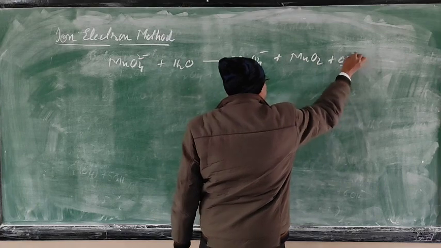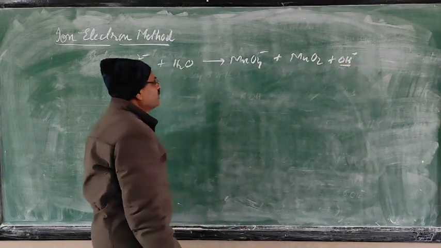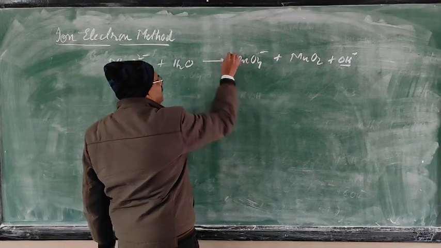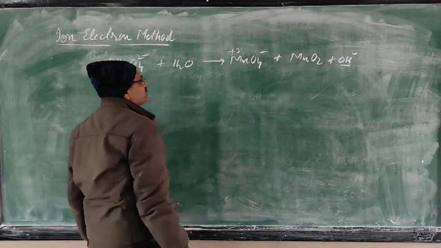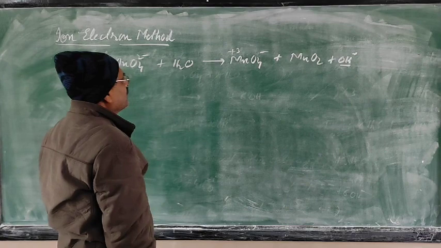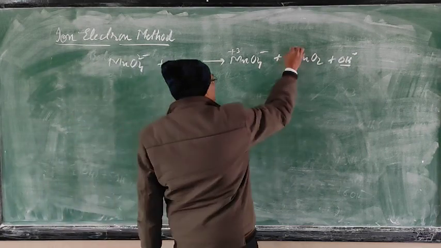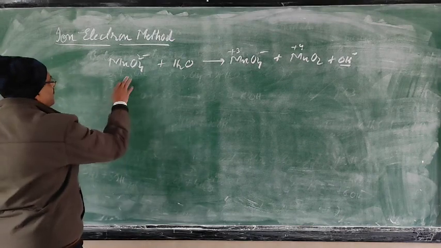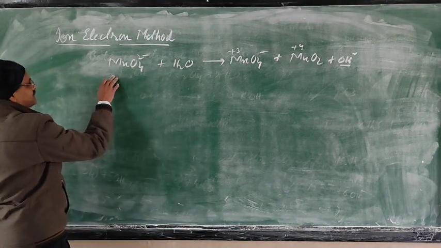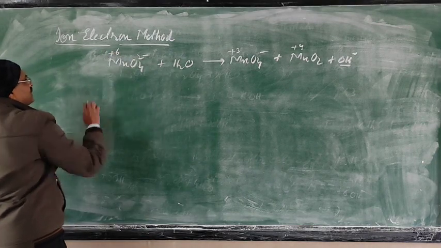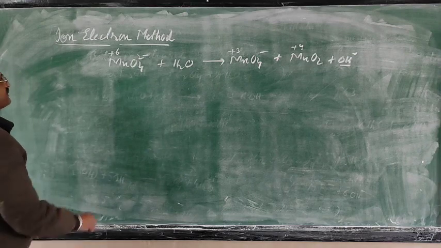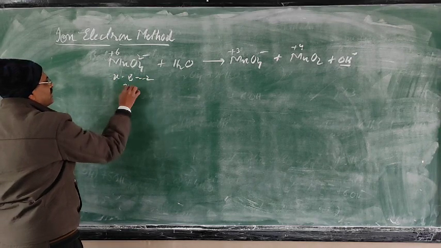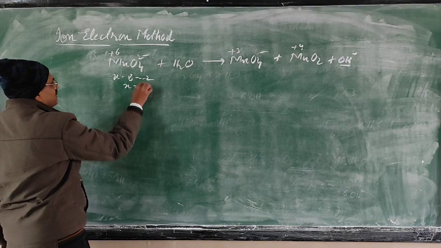Already OH is given, it means basic medium. So here just to see Mn here plus 3 is there, and there plus 4 is there, and in this Mn that plus 6 is there. x minus 8 is equal to minus 2, and x is equal to plus 6.